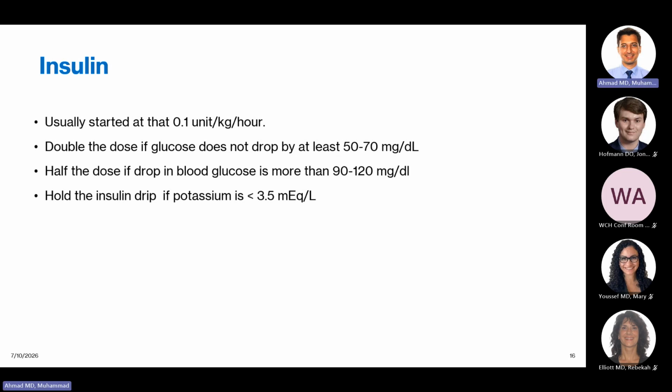When you say double the dose if glucose does not drop, what time duration is that? We are checking blood glucose every 2 hours, but here we usually do it every 1 hour. If in 1 hour the blood glucose has not dropped at the recommended rate, it should be dropping by 50 to 70 milligram per deciliter.